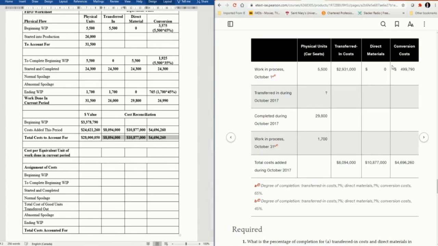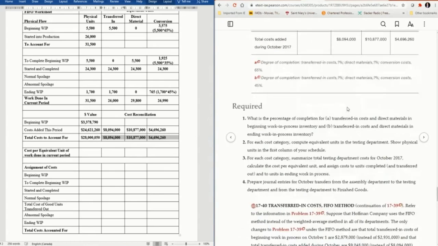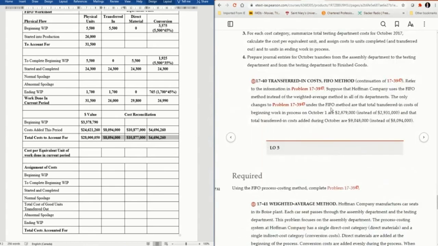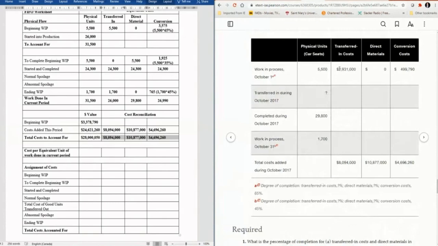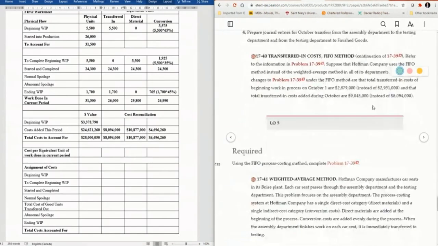My mistake. You are absolutely right. What I did was I took the information from down here, which I sort of alluded to at the beginning and I forgot to repeat. These numbers were the weighted average numbers. Sorry, I should have emphasized that more clearly, but it's actually these numbers here, 2879 instead of the 2931.